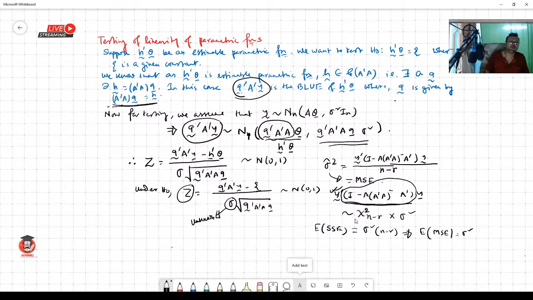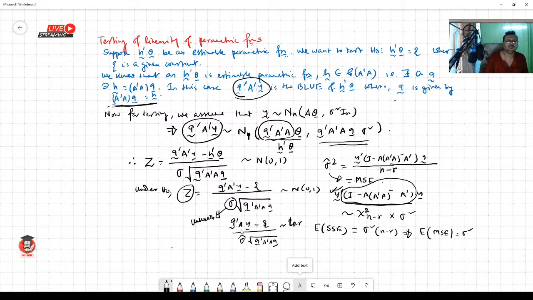So instead of sigma, because sigma is unknown, we use sigma hat, and in that case q curl prime a prime y curl minus xi by sigma hat root over q curl prime a q curl follows t distribution with n minus r degrees of freedom.